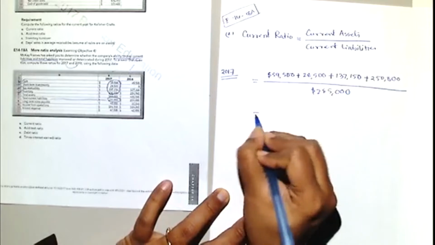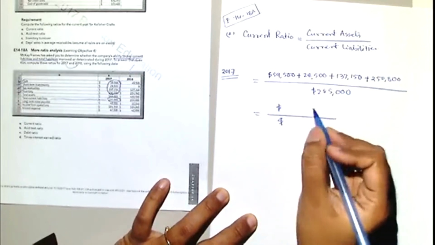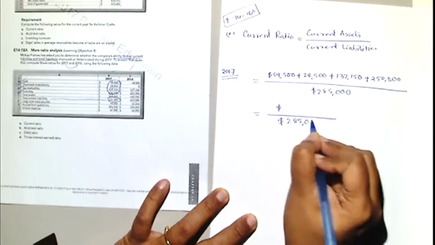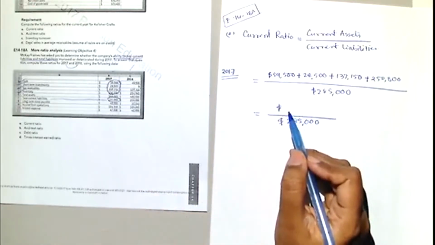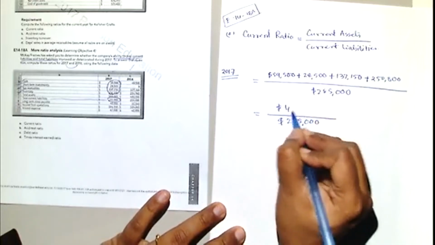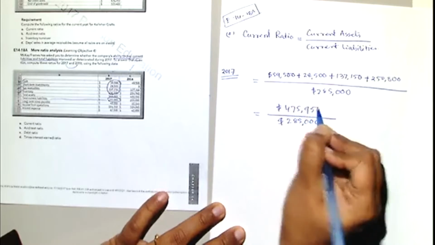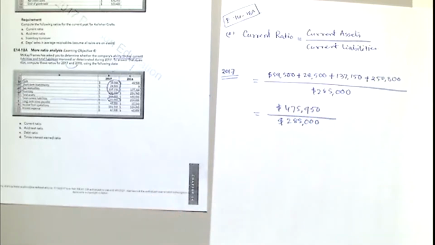Now tell me, if you add all those items, the top part, what do you get? Yes, Hannah. 475,950. Is it right? Everyone please check it.